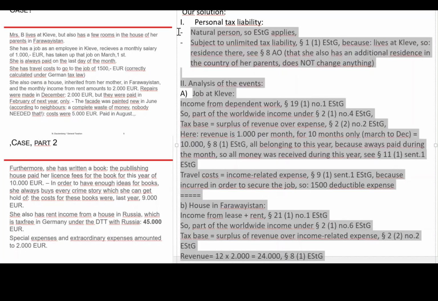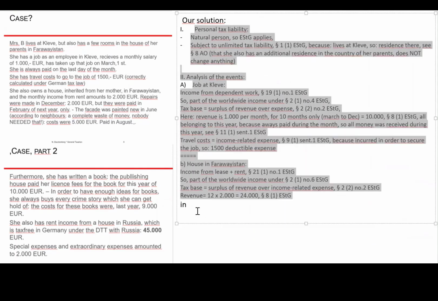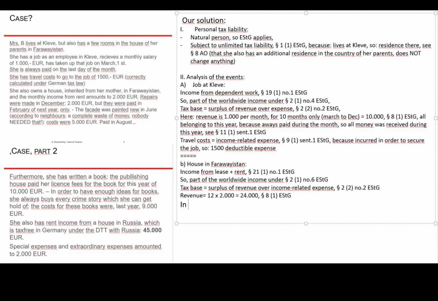Let's create some free space just by a trick. Let's decrease the letters a bit. So that was all received in this year, evidently. In this year, 11.1 ESTG.